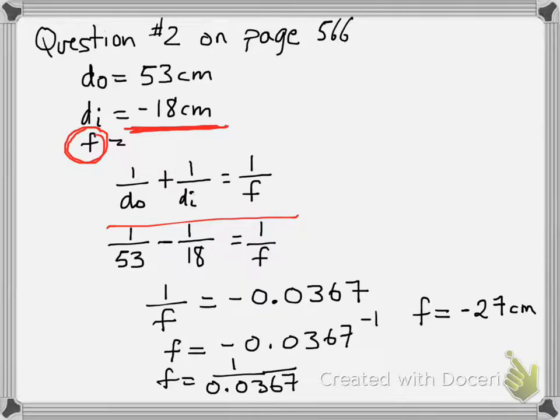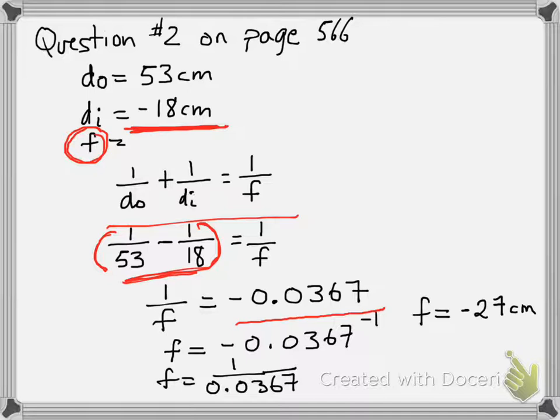So we get 1 over 53, 1 over 18 equals 1 over f. We're doing the same process. We're going to take 1 divided by 53, 1 divided by 18. We're finding the difference between those numbers, which is going to end up being a negative 0.0367.